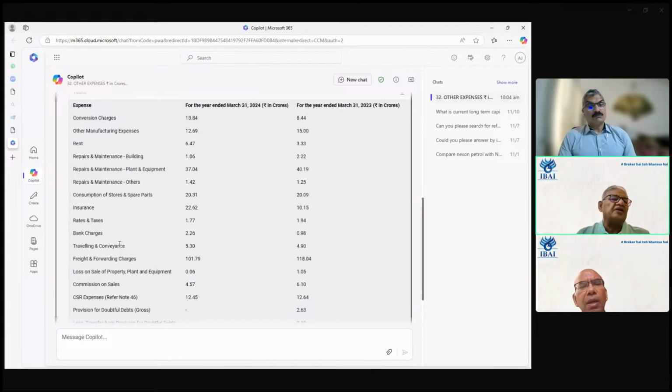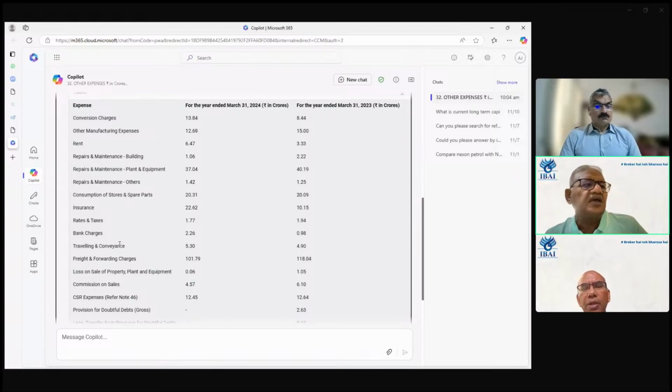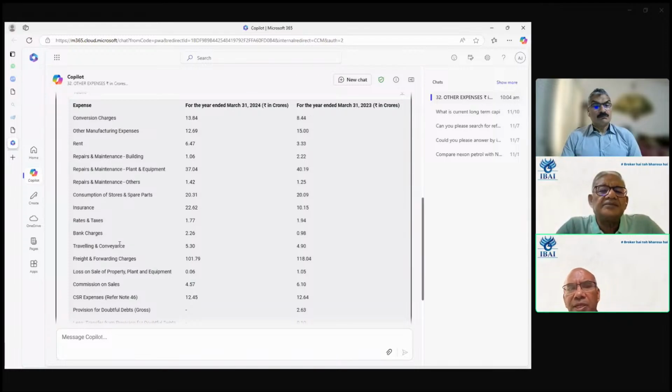The variable portion may be towards maintenance of the idle machines and idle building. That minimum maintenance expense can be taken as variable. Is it correct? Mostly it will tend towards fixed cost, with some small percentage going into variable. Okay. Then consumption of stores and spare parts.